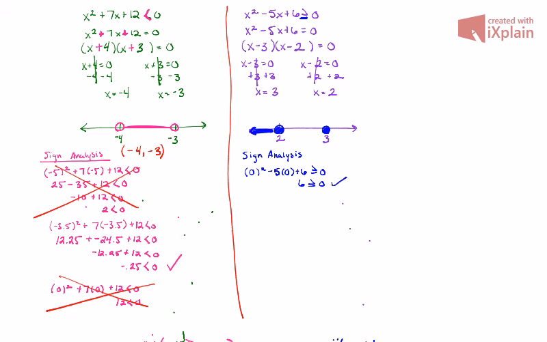Now I can also check, and I want to pick a value that's between 2 and 3, so probably not too surprising, I'm going to pick 2.5 in between. If I do 2.5 squared, it's going to give me 6 25/100ths minus 5 times 2.5, which is going to give me 12 5/10.